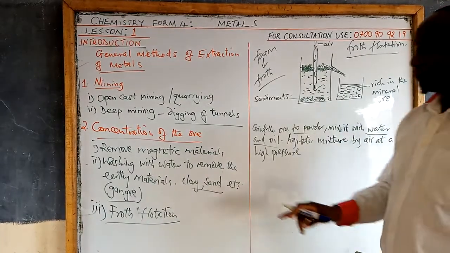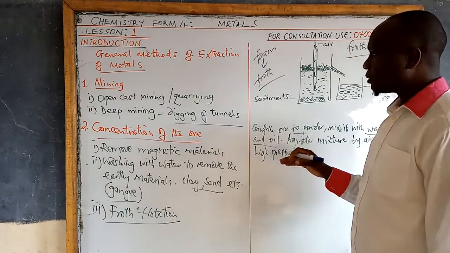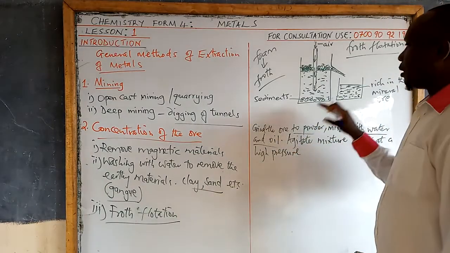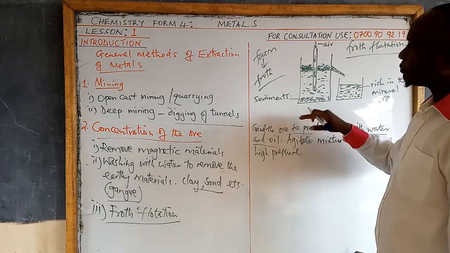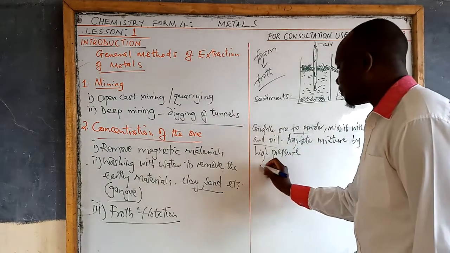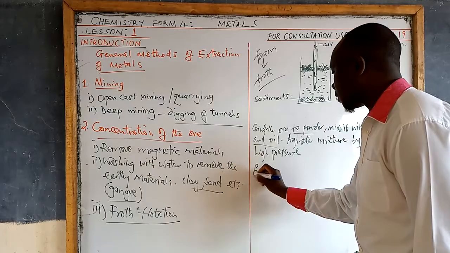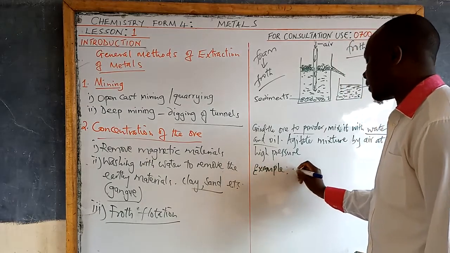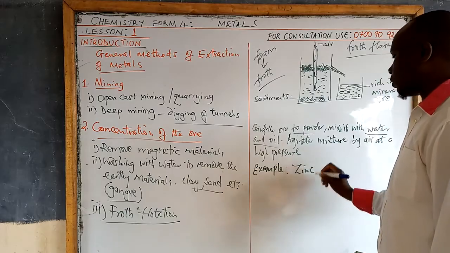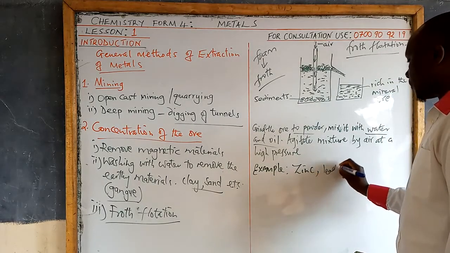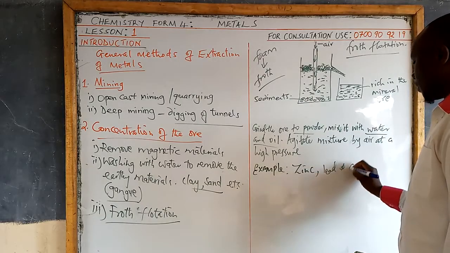Now, before we go to the other method, examples of metals that are concentrated by this method, as we are going to see, will be zinc, lead, and copper.